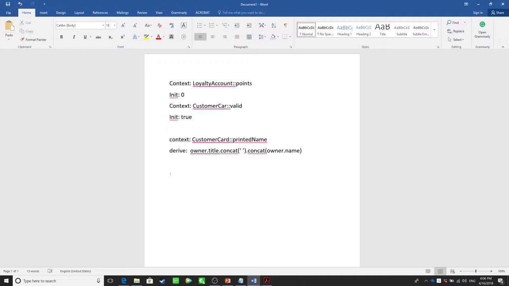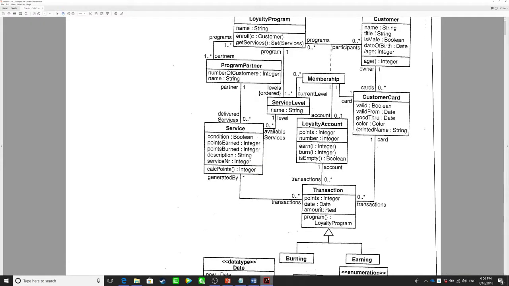For instance, here we suppose the class loyalty program has a query operation get service, which returns all services offered by all program partners in the program. Can you see that? In the loyalty program, the second operation is get service.